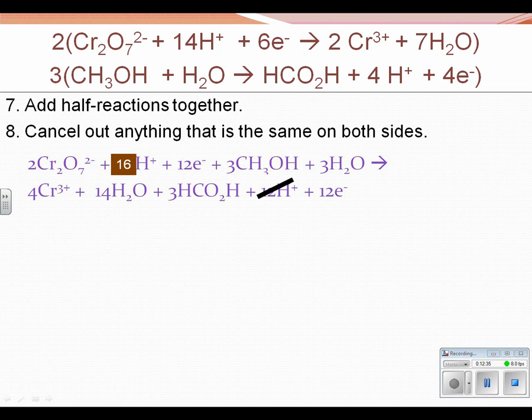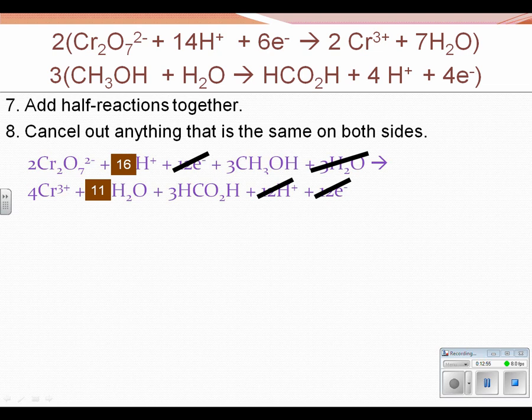Then I have waters on both sides, 14 on the product side and 3 on the reactant side. So that'll change my waters to be 11. And I'll cancel out my 12 electrons. That is all I can cancel out.